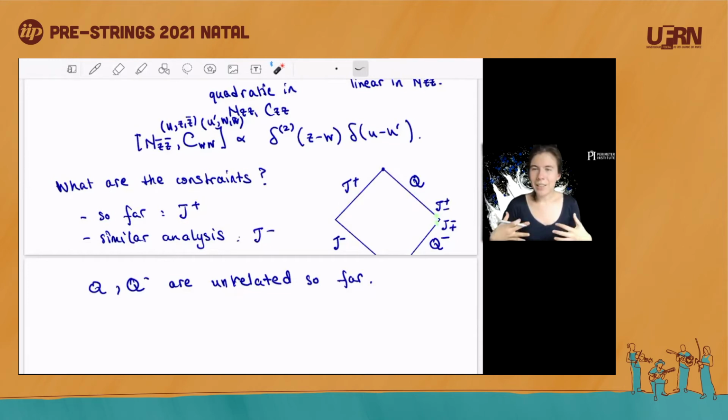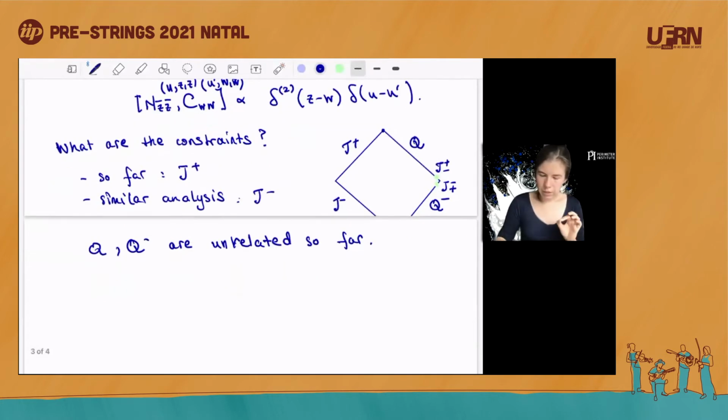But this evolution with the S matrix is not going to fully determine my outgoing state on Scri plus, because we just showed that the data we get at Scri plus is determined by the data at Scri minus only up to a BMS transformation. So there is this freedom, which is allowed by having these two symmetry groups acting independently at Scri plus and Scri minus.